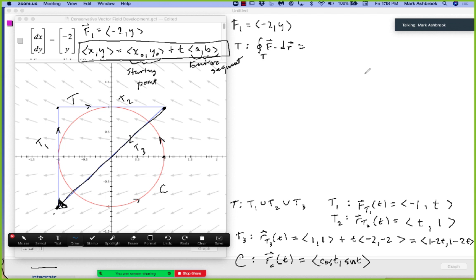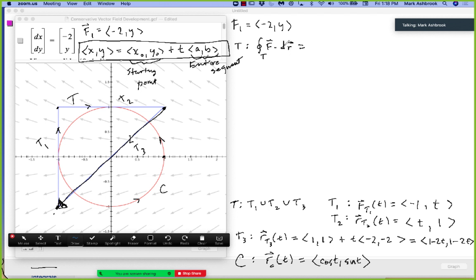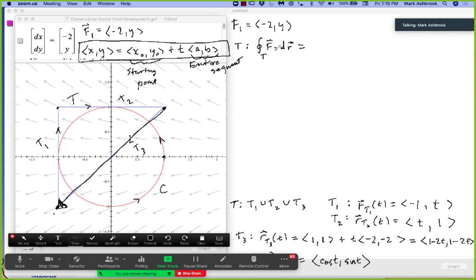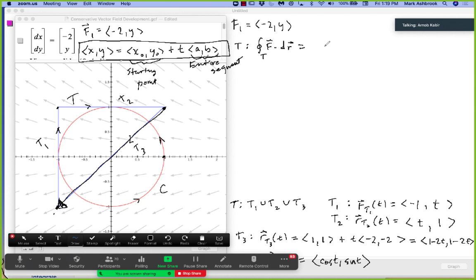Just in general, what will that calculation look like? F of r of t times the magnitude of r'(t). Okay, so you're getting into the inside. I'm more talking about the overall structure of the answer before we get to the actual integral. Would we need 3 integrals for each segment, or 1 integral for each segment?